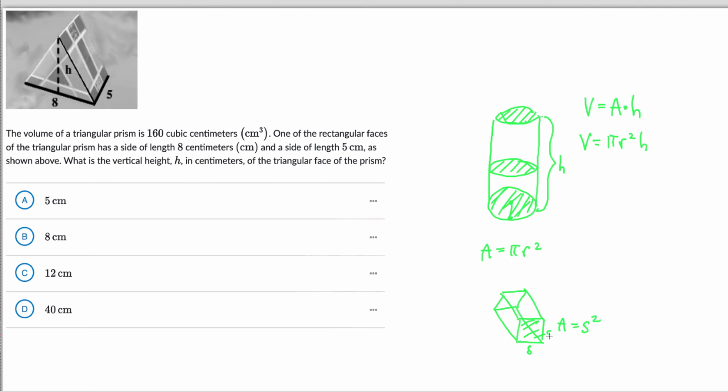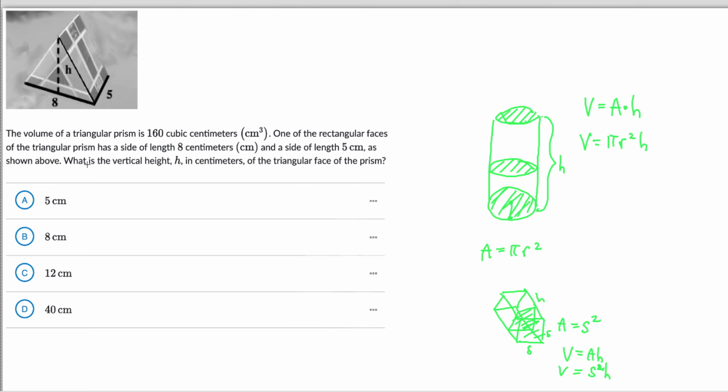The volume is going to be the area times the height, because as I go up this rectangular prism, the area of that square stays the same. So it's s squared times h, which is indeed the volume of a rectangular prism with a square base: length times width times height.